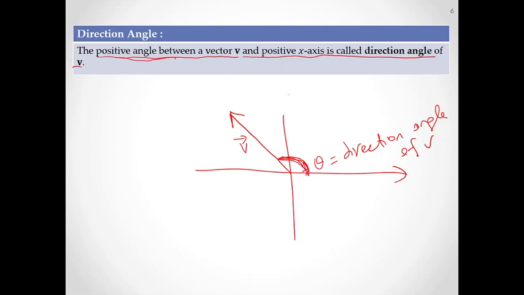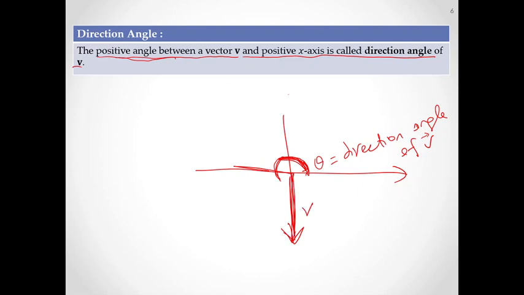In the same way, if the vector is here, this theta is the direction angle of v. Or it might be in the 4th quadrant, or here.